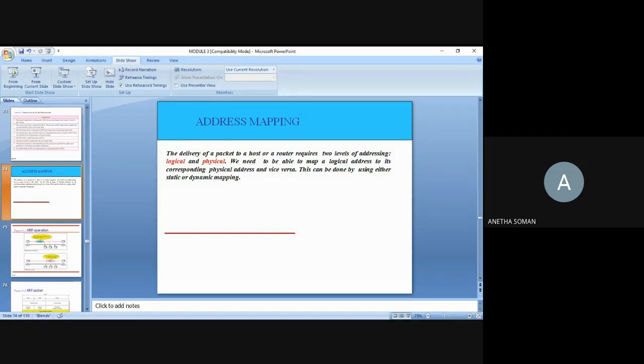So if you want to transfer a packet, the source must know the physical address of the target device. But the source only knows the IP address of the target; it does not know the MAC address or physical address of the receiver. So you make use of some protocols. The two protocols for mapping logical to physical and physical to logical addressing are the Address Resolution Protocol and the Reverse Address Resolution Protocol.